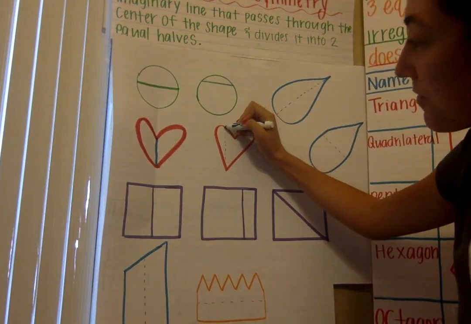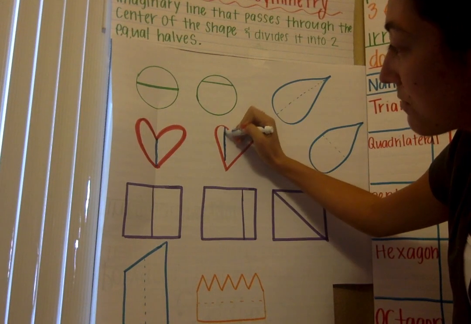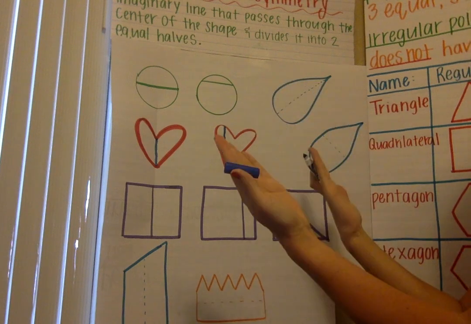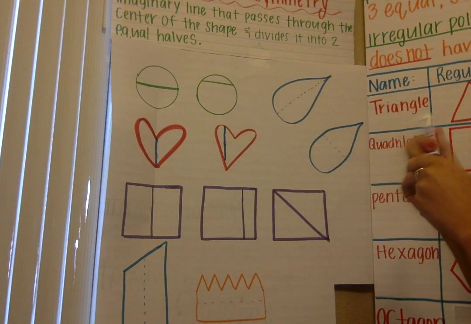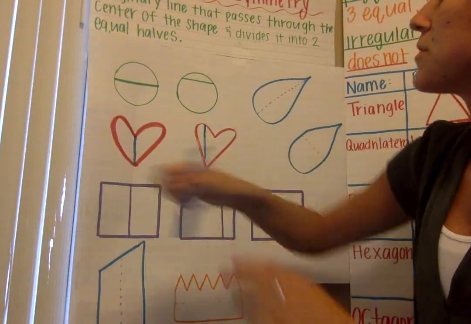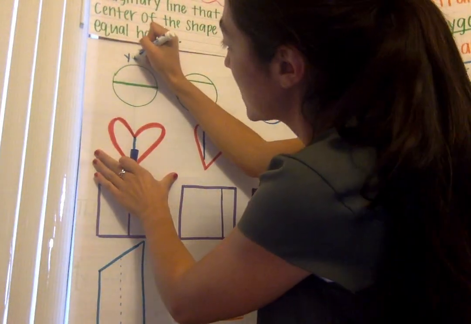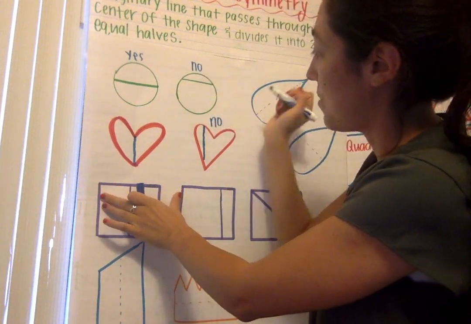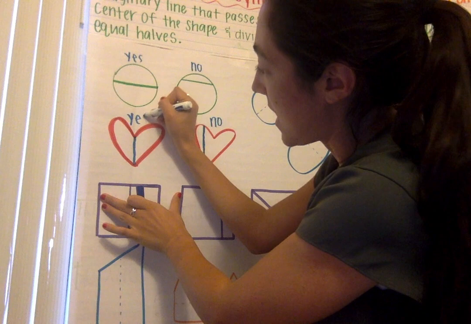But if I cut right here, or if I folded right here, that's not going to fold equally in half perfectly. Another example would be these ones down here. So I'm going to write that yes, this one works. No, this does not. We said no to this one, and yes to this one.